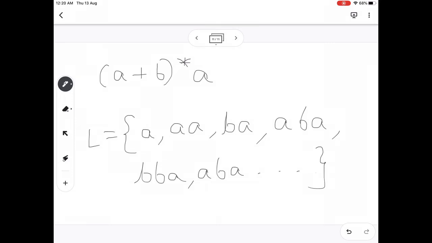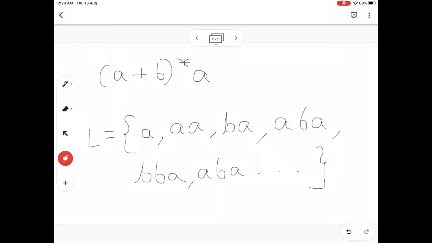So if you observe this language, everywhere there is A at the end. At the start I can have any combination of A and B, it can be null also, and it is always followed by A. So it is always ending with A.